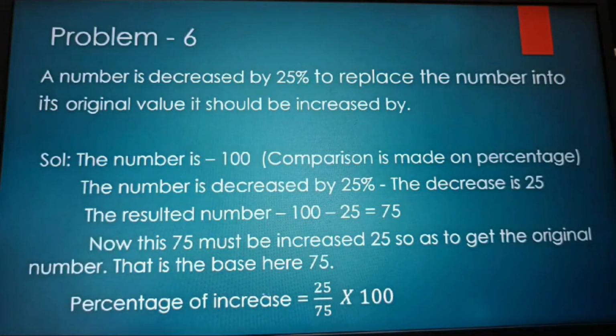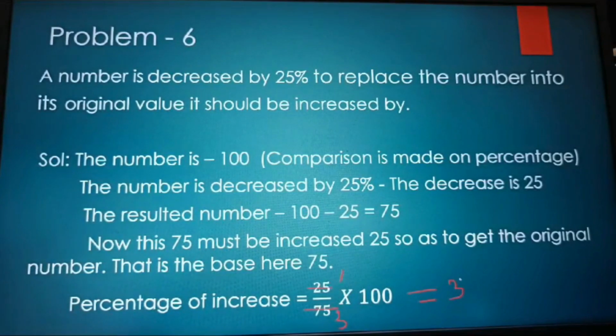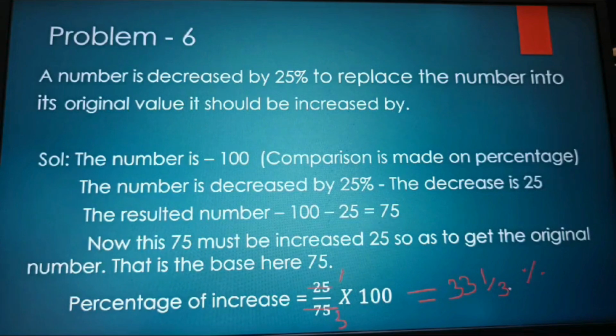So 25 1s are 25, 25 3s are 75. So 1 by 3 is the fraction which is equal to 33 1 by 3%. So the decreased number must be increased by 33 1 by 3% to become the original number. So 33 1 by 3% is your answer.